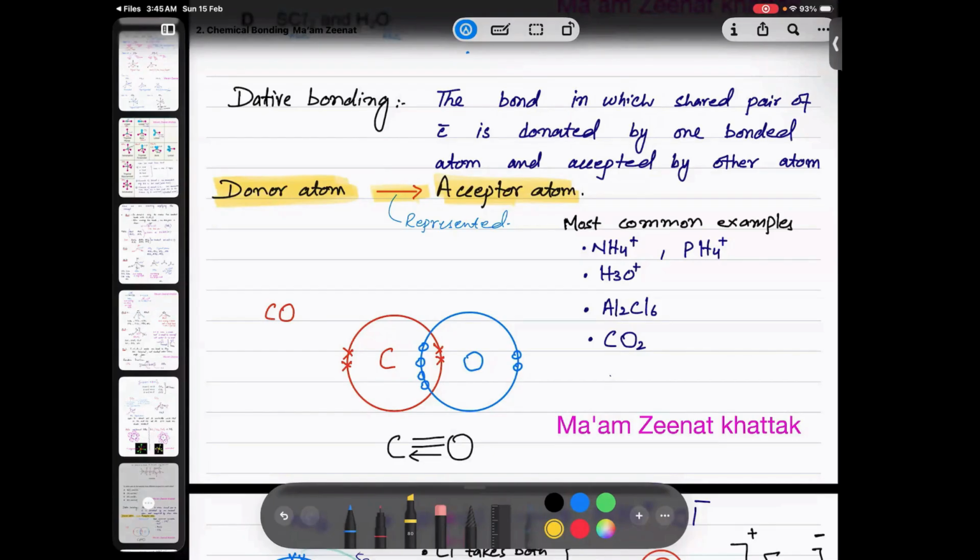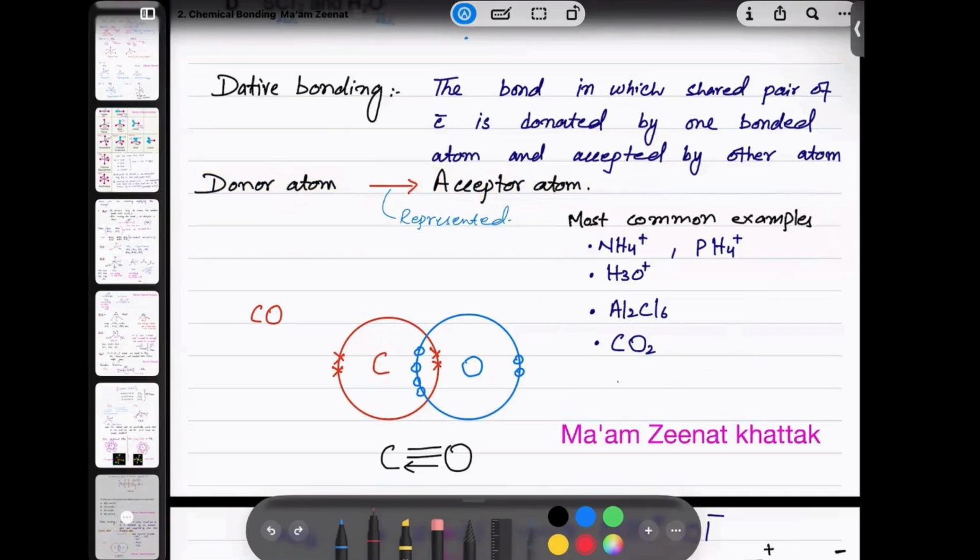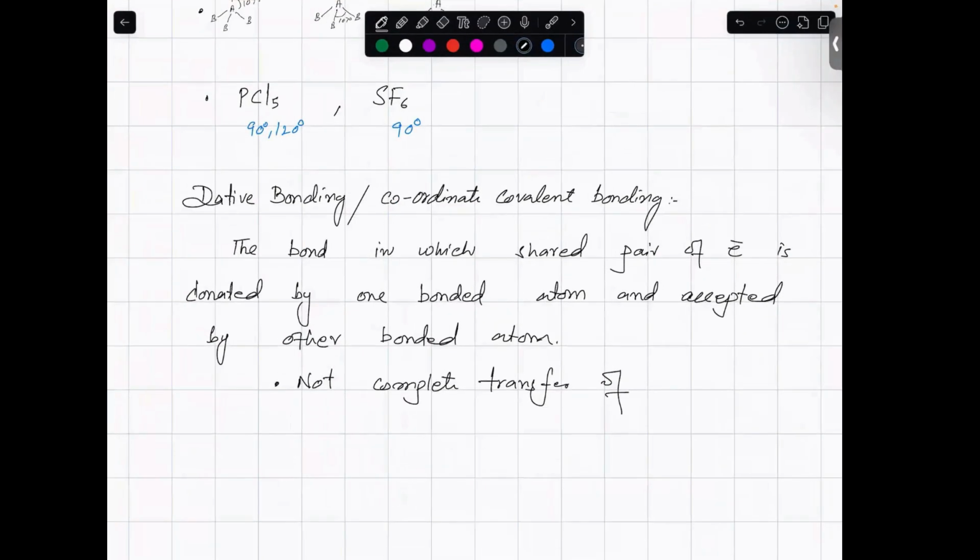And these are the examples which are mostly asked: ammonium, phosphonium, hydronium, Al2Cl6, and carbon monoxide. So, coming to the topic, there is not a complete transfer of the electron pair.